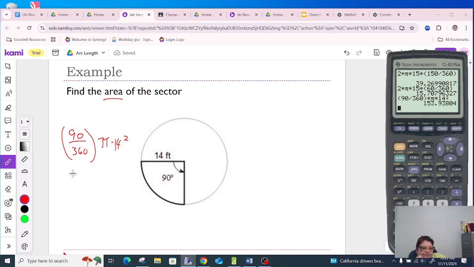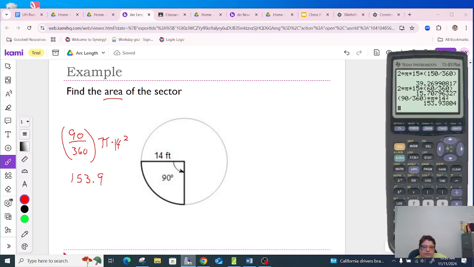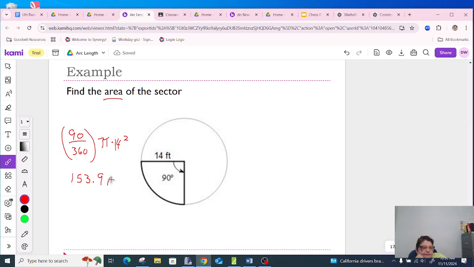I didn't do it right, so I don't know. Oh, we don't round? I did round. 153.9, I thought it would be 153. No, because this 3 behind the 9 is less than 5. So this would be 153.9. And then it'd be feet squared.